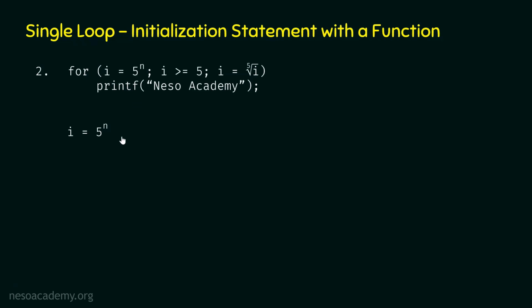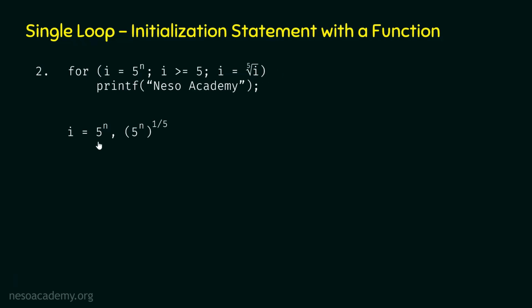The second value of I is 5 power n whole to the power 1 by 5. Why? Because in the second iteration, I is updated to fifth root of I. And fifth root of I is same as I power 1 by 5, just like square root of I is same as I power 1 by 2.